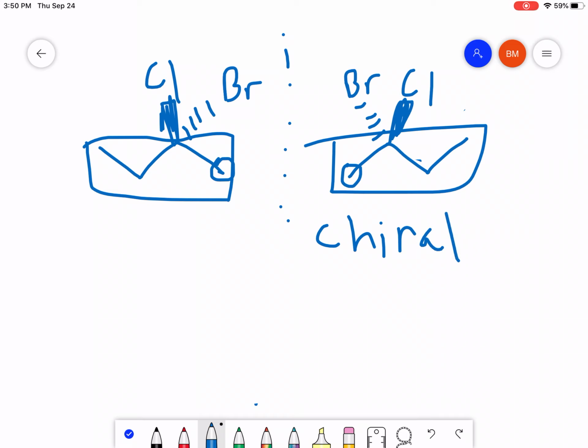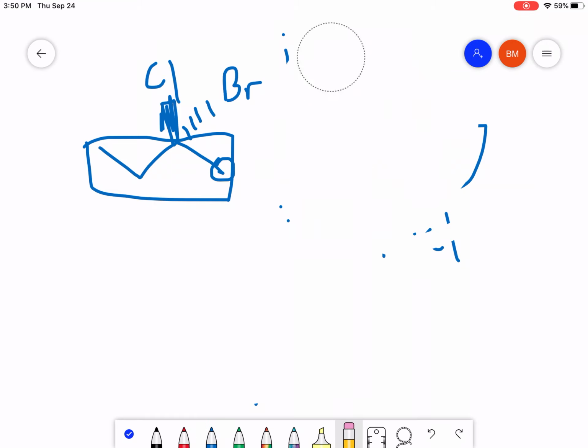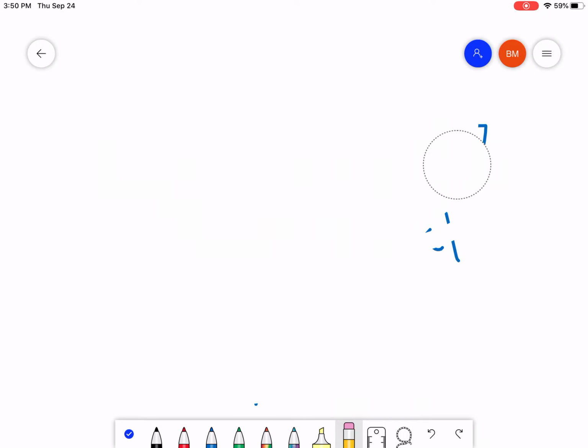Now, in all these examples, well, all of them except for water, but in the other ones, we've been looking at central carbons, right? Carbons that have four bonded groups, okay?